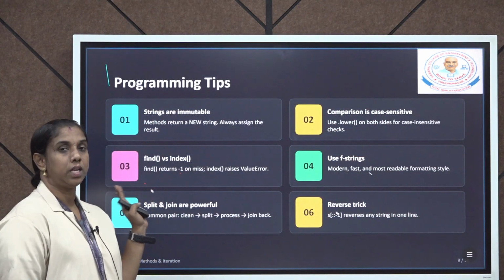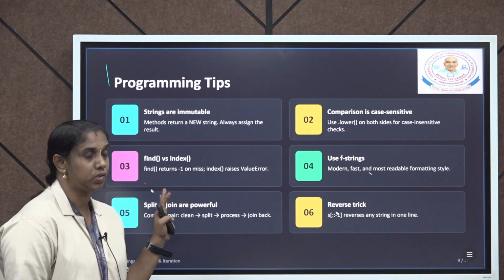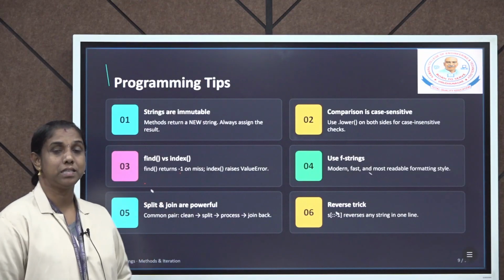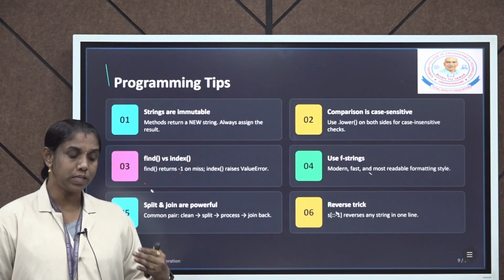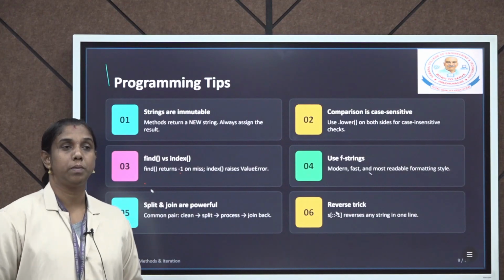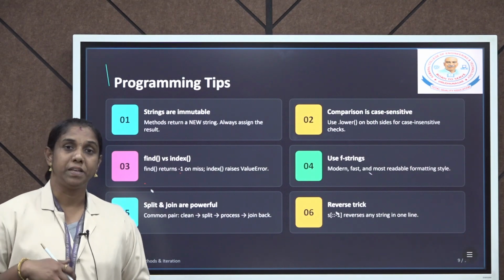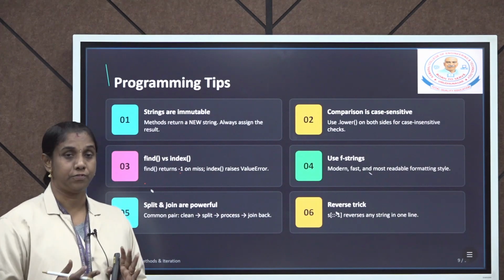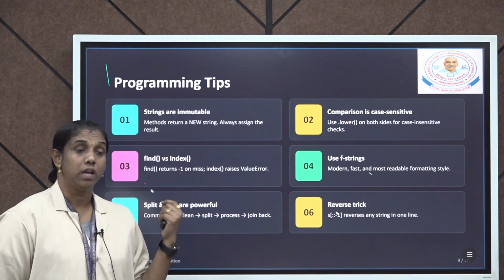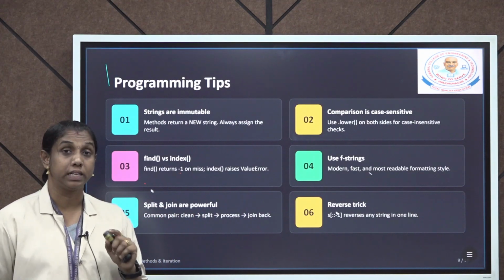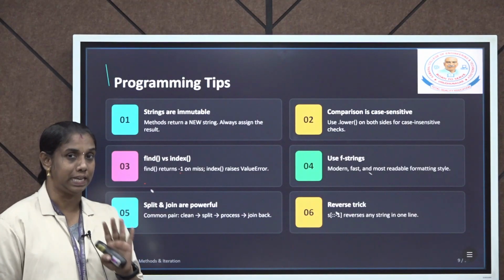Finally, strings are immutable because we cannot change a string, and string comparison is case sensitive. Based on the ASCII character, uppercase and lowercase are different. Next, find versus index: if we use find and the word is not present, it does not produce an error.